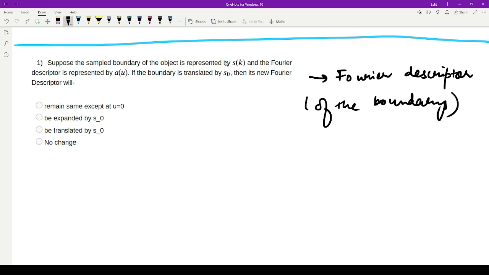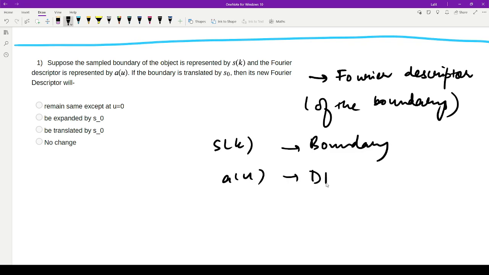You are given s(k), which is the boundary, and a(u), which is the DFT of s(k). If the boundary is translated by s naught, then what will its new Fourier descriptor be?